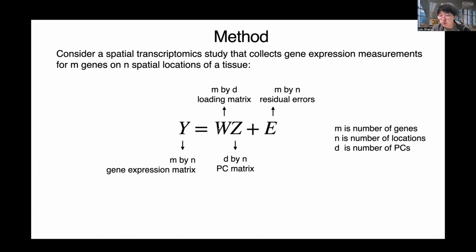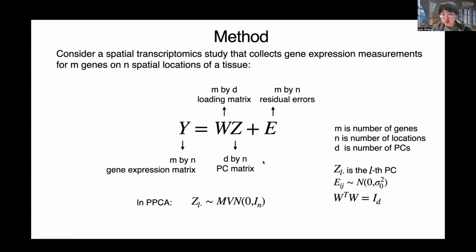The goal is to decompose Y into W multiplied by Z. In traditional probabilistic PCA, people would assume that each PC within the Z matrix follows a multivariate normal distribution with identity as the covariance. Essentially, that means they are viewing each cell as independent of each other.